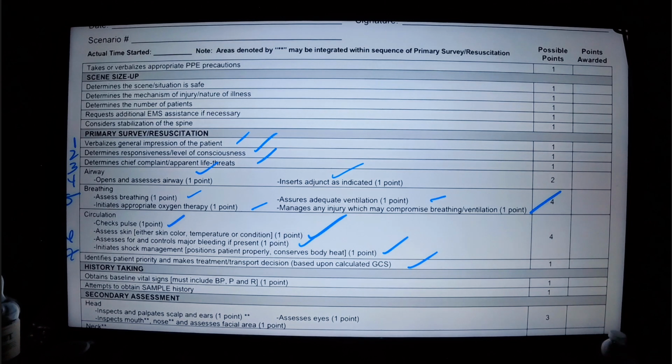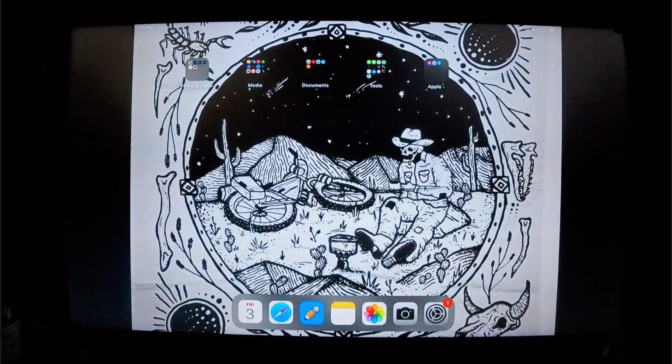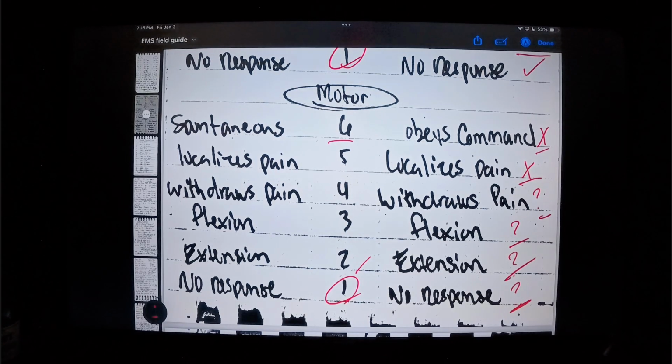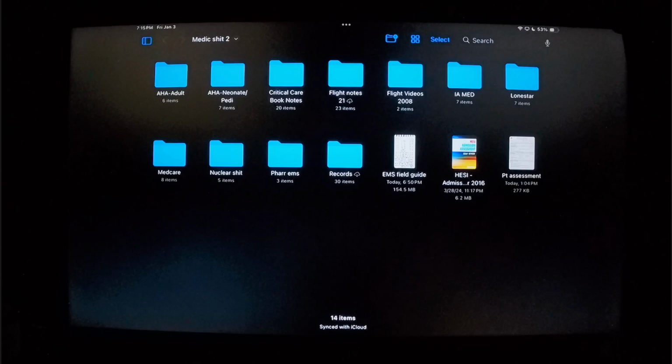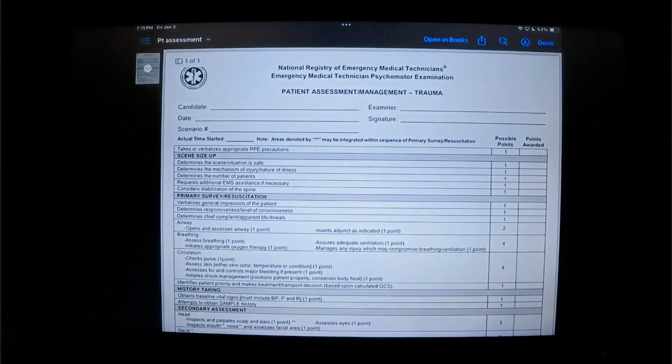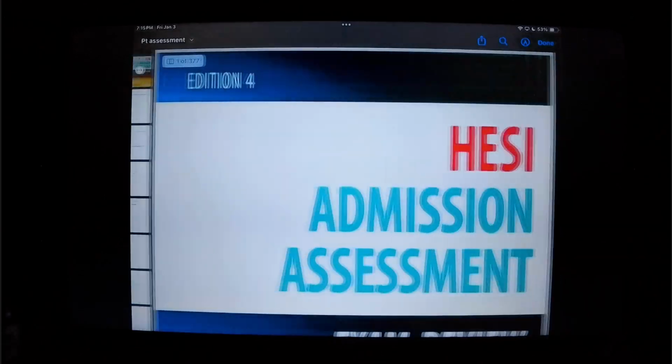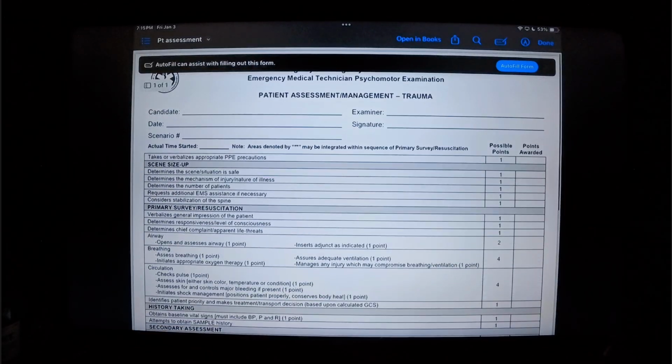Okay, so let's see. Let me use this patient assessment now, because I notice for certain parts it doesn't emphasize. Let me see. Oh, it's still the same.